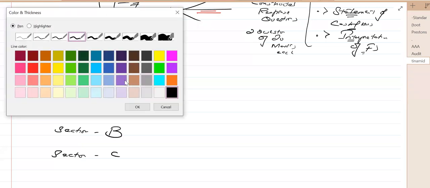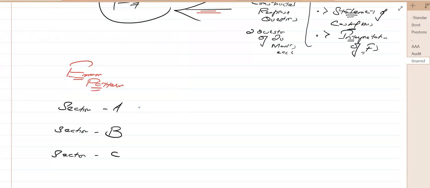All right. So within the section A, you have 15 objective test questions at the rate of 2 marks each. So that constitutes 30 marks.